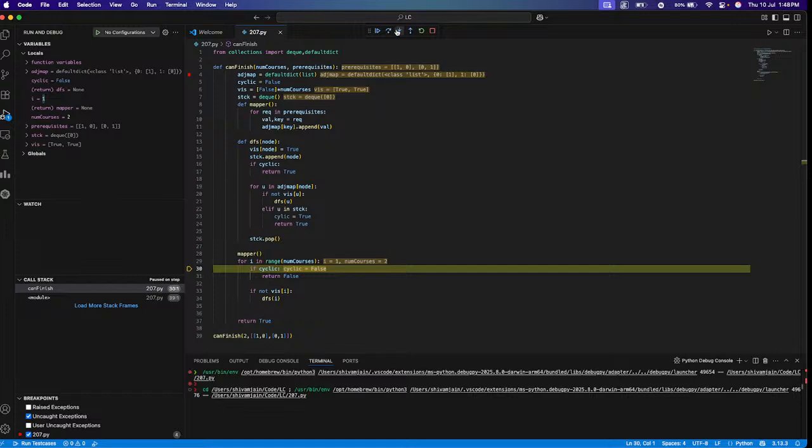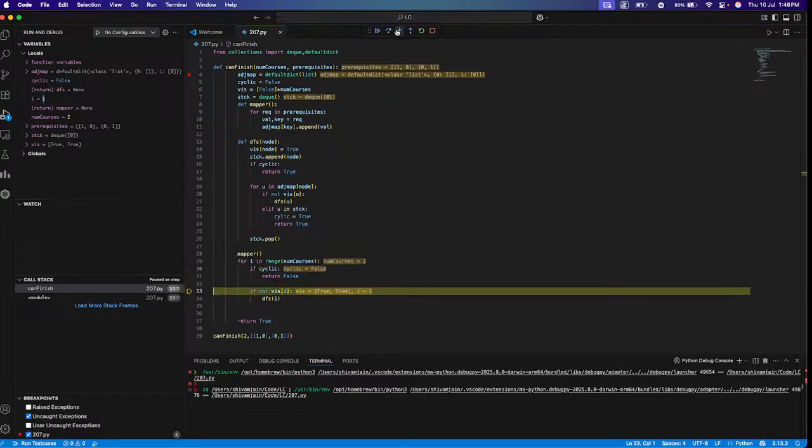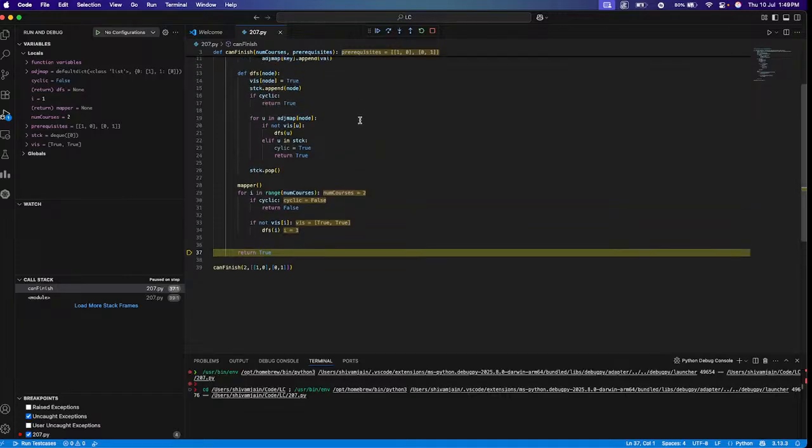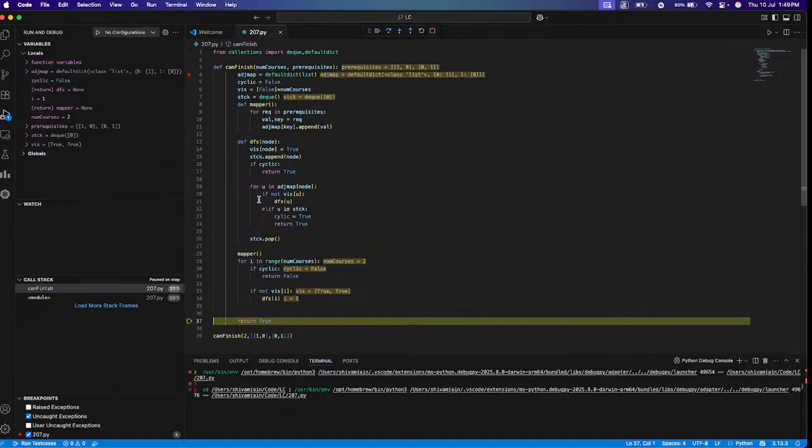and cyclic is... Okay, that makes no sense. That makes no sense because we did set cyclic to true, right?